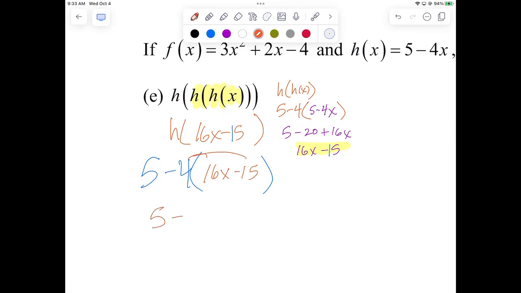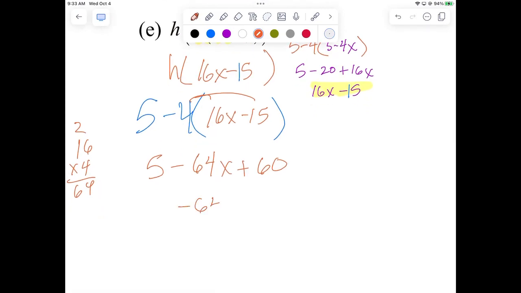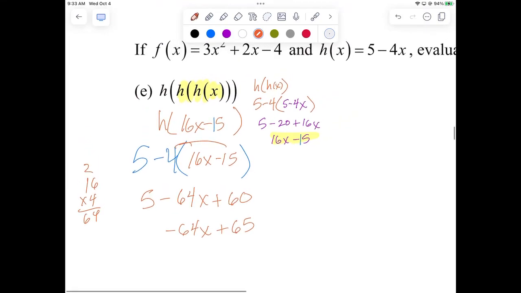We get 5 minus, what's 4 times 16? 64x. Is it okay to go off to the side and go 16 times 4? Yeah, it's perfectly fine to do that. So you get 64x plus, what's 4 times 15? 60. All right, and now in descending order, we get negative 64x plus 65. Do we all get the same answer? It's a democracy. It's a unanimous vote.